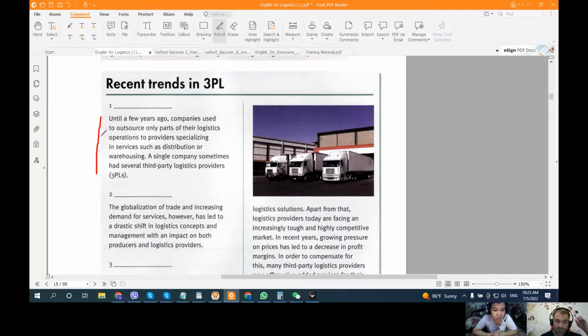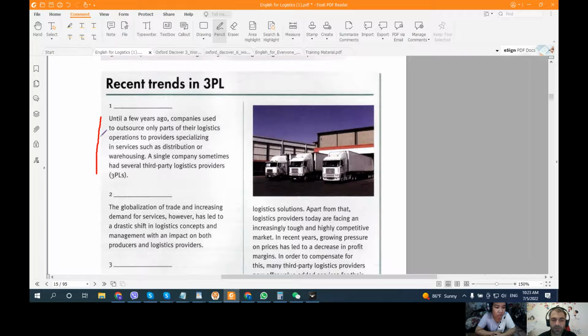Okay, so we have third-party logistic providers. What do you think about logistics here? What is your opinion about logistics? Is logistics important? I think sometimes only the big corporations have strong logistics, and some small ones are better off if they outsource some part of logistics.